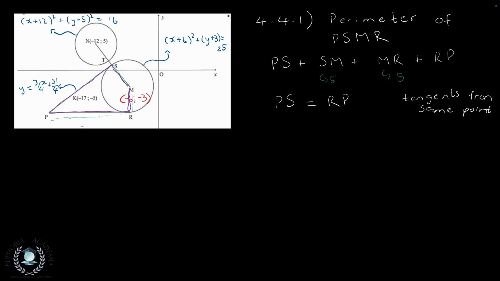So we just need to find the distance between the x-coordinates. So xp will be there and xr will be there. We need to find this distance here.